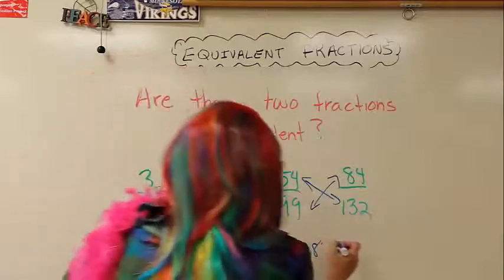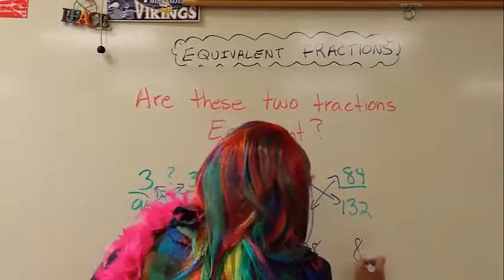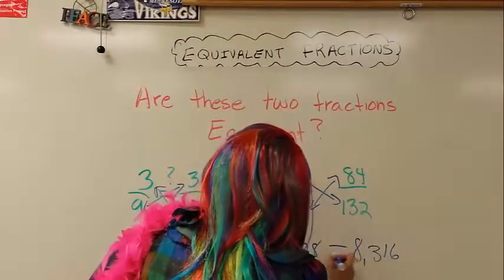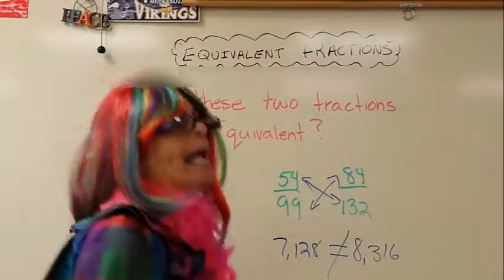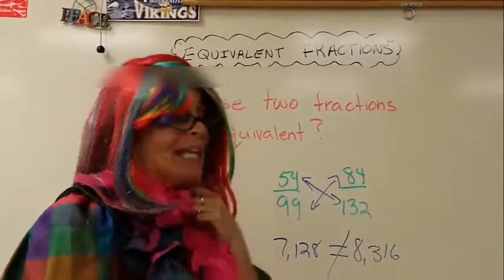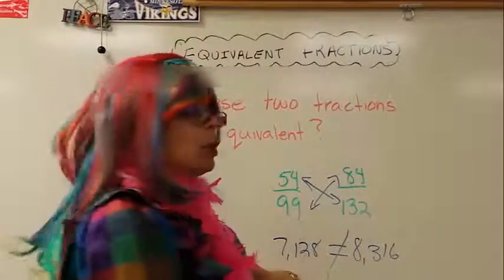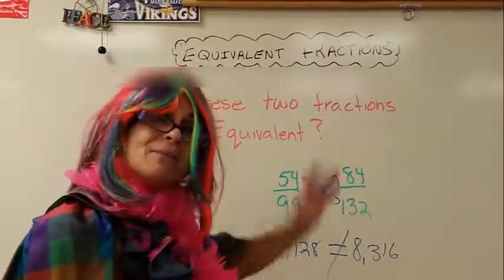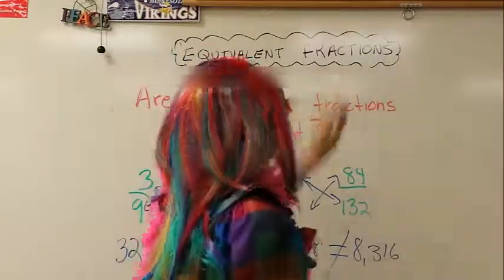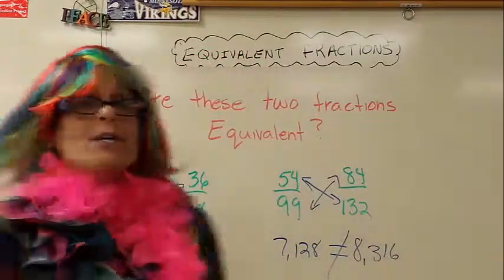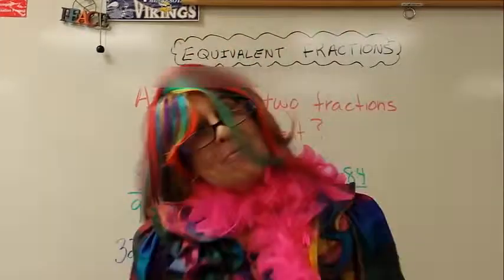No, it was 8,316. How do the game shows do it? Yes, that's how they do it. It means, no, they're not equivalent. And that's how it is. That's how we find equivalent fractions. We use cross products.